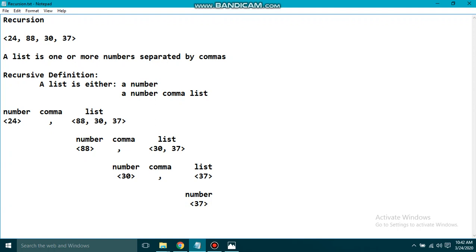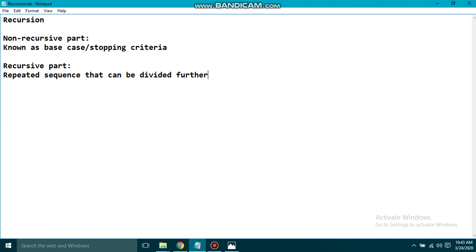Now we know what a recursive definition is. In general, when we formulate a recursion problem, we have to find two parts: a non-recursive part and a recursive part. The non-recursive part is known as the base case or stopping criteria. That means the part that cannot be subdivided, or the problem cannot be broken down into more sub-problems.